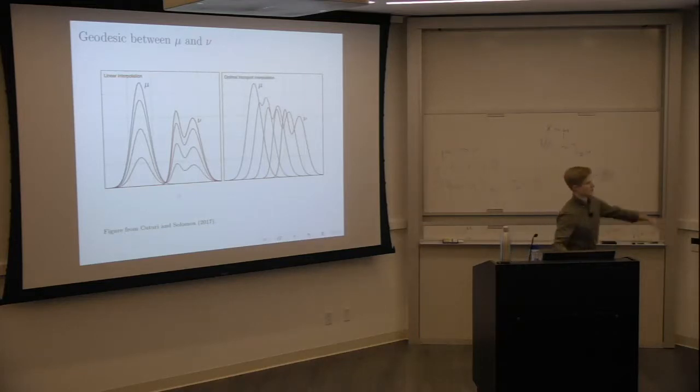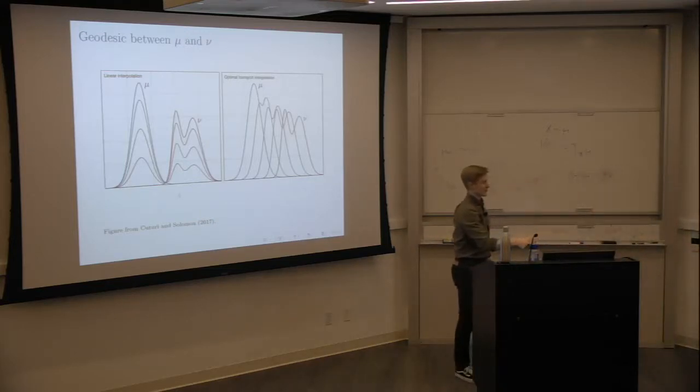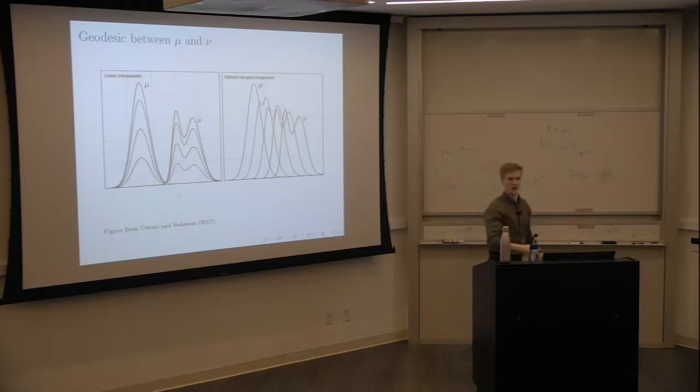What happens here is basically that as lambda goes to 1, you're just squishing down mu, and out of nothing, basically, comes nu, right? So that's what's happening as lambda goes to 1. You just squish it down, and from this part of the space, nu arises.